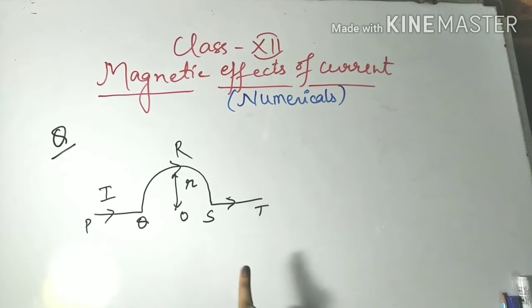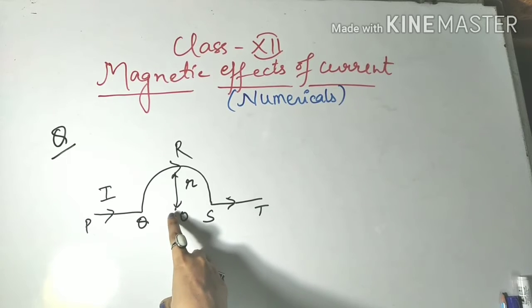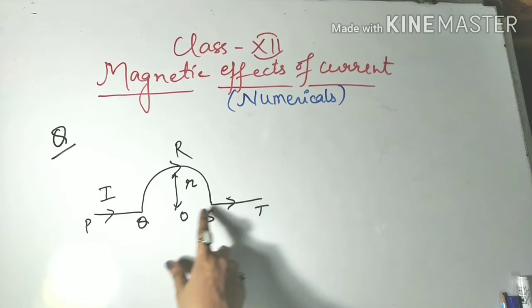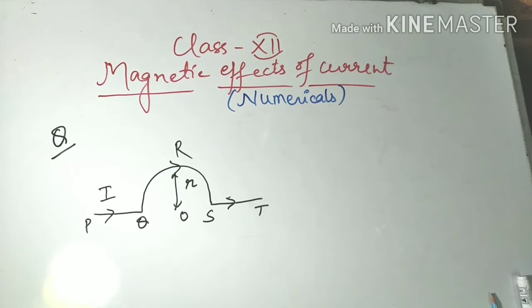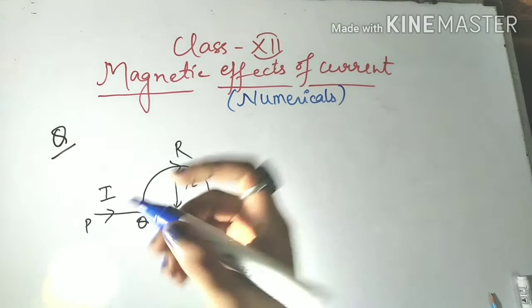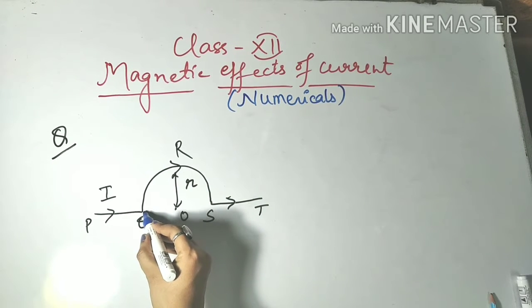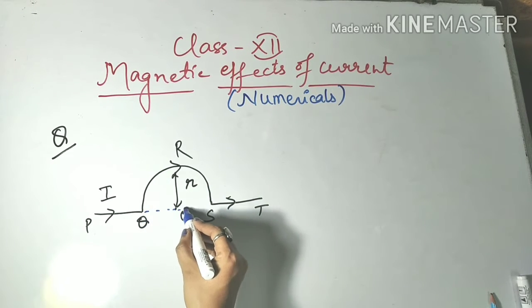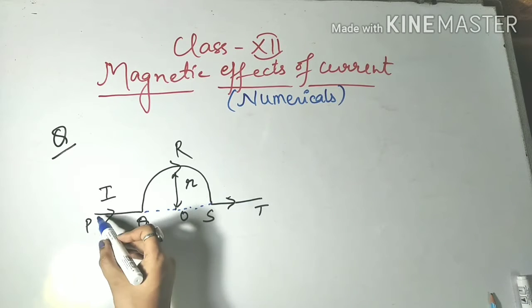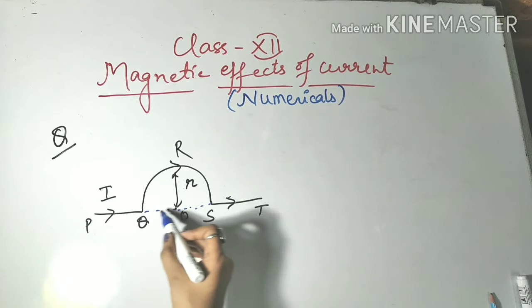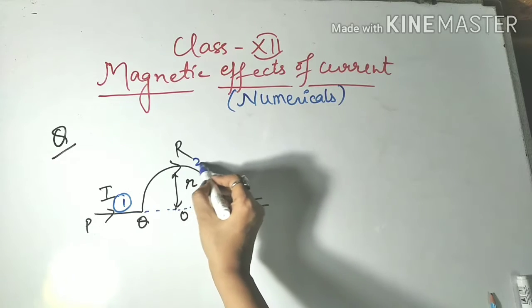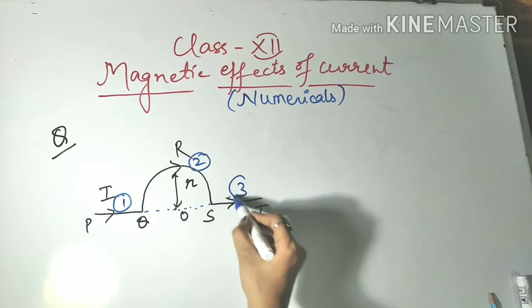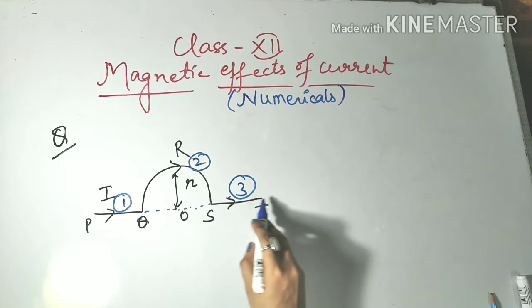Just remember a single point: whenever a line passes through the line of action of force, the magnetic field due to that part will be zero. If I extend this line, it goes in this particular direction. So if this is region 1, this is region 2 and this is region 3, this is your line of action of force.